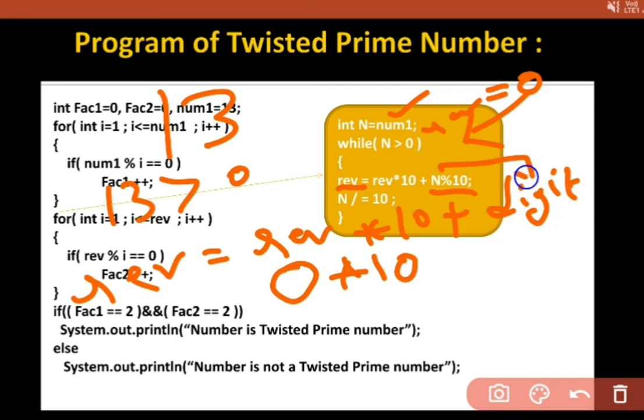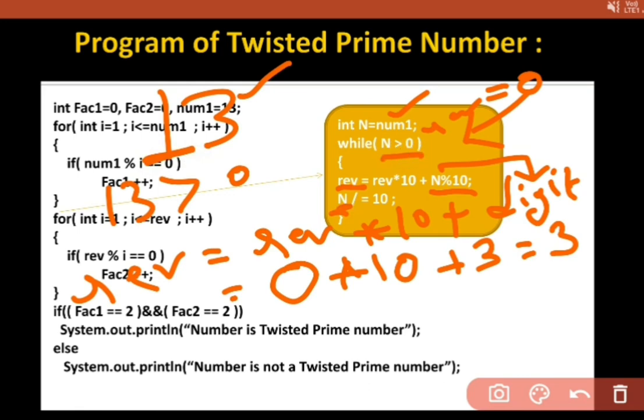N mod 10 means we are picking the last digit. What is the last digit? It is 3. Means we are getting right now 3. And n equals n divided by 10 always gives the quotient part. The quotient is 1. Now our n becomes 1.